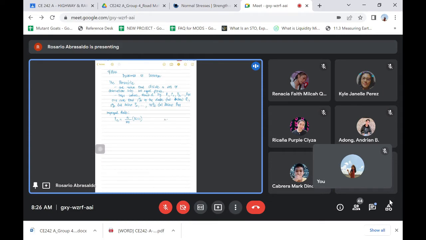Instead of n for percentile, it can be P, the acronym for percentile.